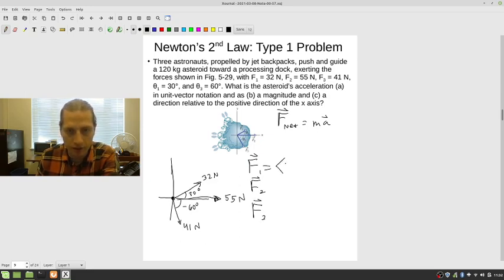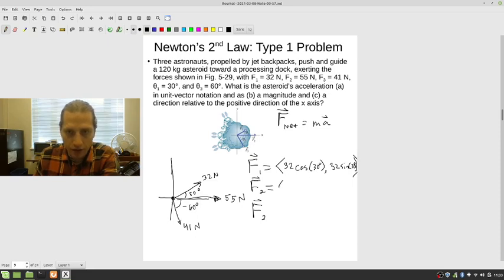So by that I mean, for F1, I would do 32 cosine of 30. That would be my x component. And then 32 sine of 30. That would be my y component.